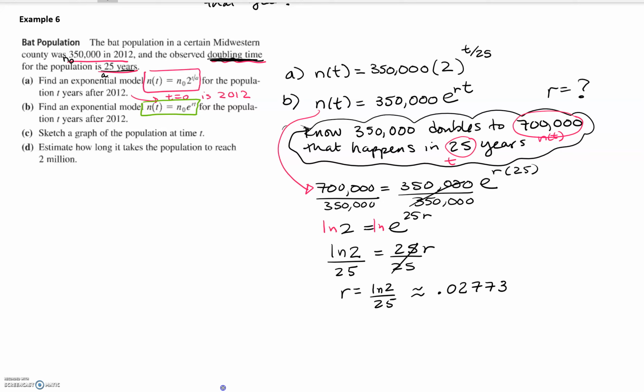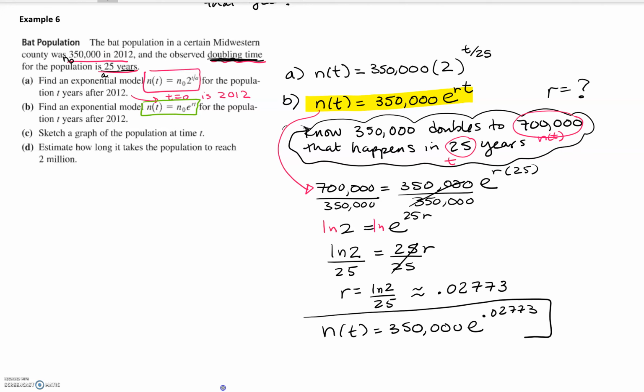I'm going to carry 5 digits just so I have accuracy once I'm ready to graph that. So even though I did not have the relative growth rate, I was able to find it and give a final model. N of t is 350,000 e to the 0.02773t.